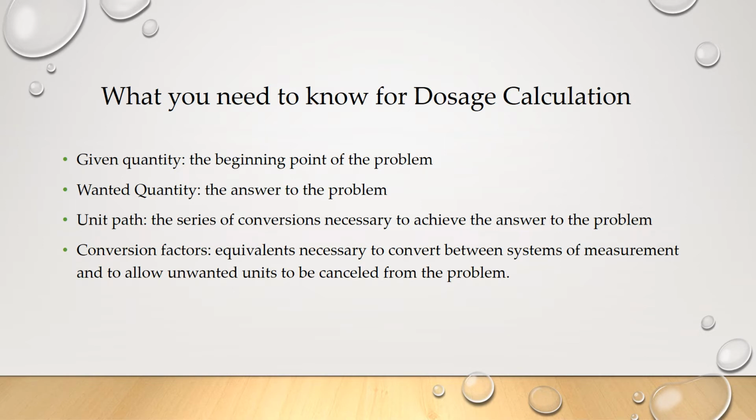That's why I'm giving you a sheet on conversions from milligrams to grams, or micrograms to milligrams, or kilograms to pounds, or vice versa. It's because that's going to be an important part of your dimensional analysis to come up with the correct answer. And you'll see how all these come into play.